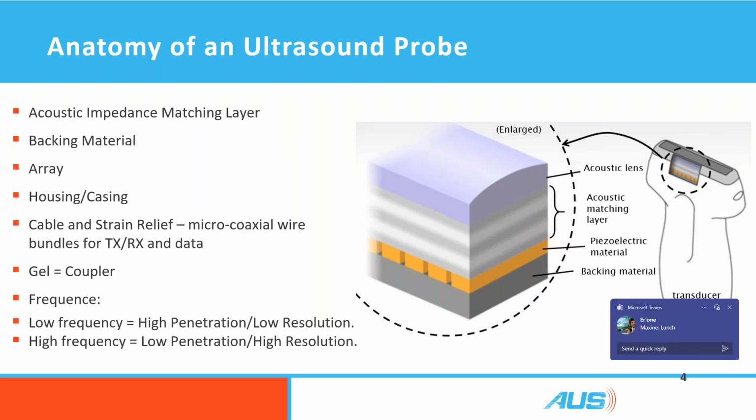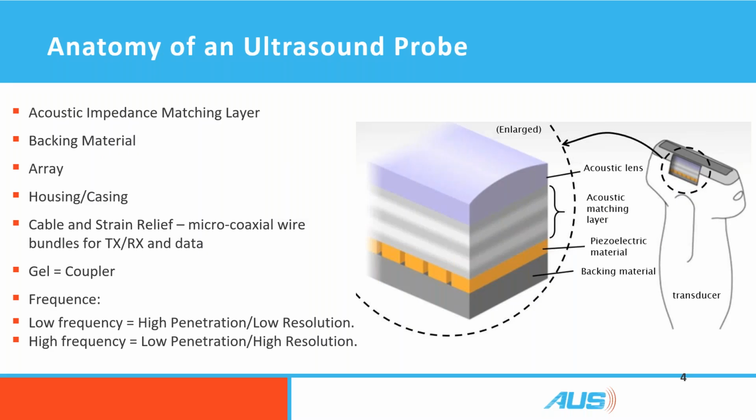So with this acoustic layer, you want to do a good inspection during preventative maintenance or anytime you're in front of a system doing any kind of troubleshooting. So take a look at the probes, make sure they're safe. The backing material is a material that's used to reduce the continued vibration of the crystals themselves.